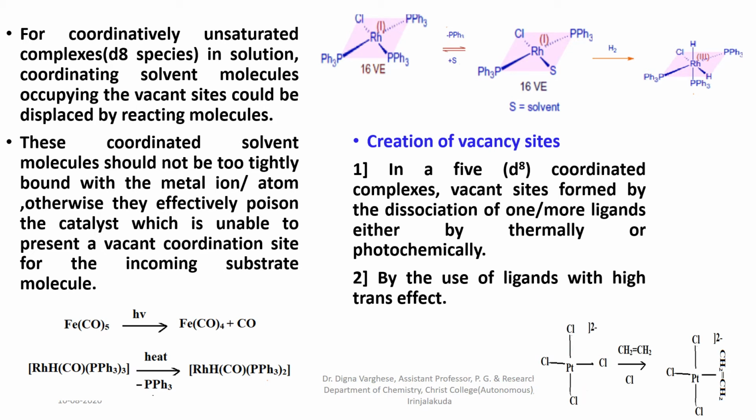So we can create a vacancy in the complex by removing one of the ligands by a solvent molecule, or we can dissociate a ligand either photochemically or thermally, or by the use of ligands with a high trans effect. These methods can be used to create a vacancy, or coordinative unsaturation, in a complex for oxidative addition reaction.